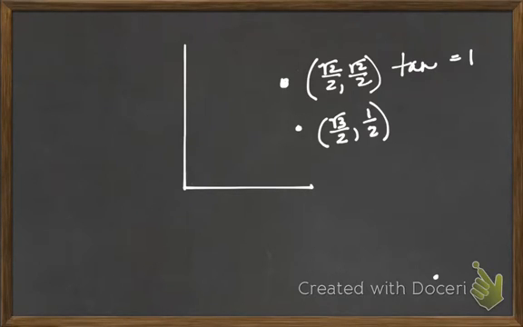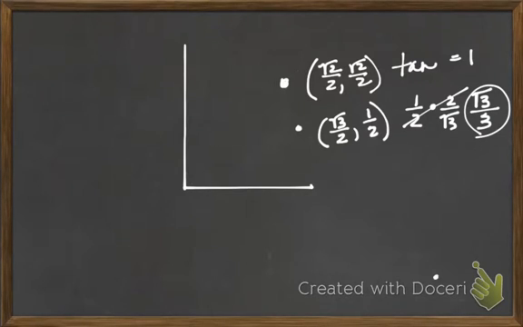So instead of having to think about this every single time, let's talk about what the tangent value is at square root of 3 over 2 and 1/2. All right, so the tangent value there would be 1/2 divided by, or multiplied by, 2 over square root of 3. The 2's will cancel. Then you're going to have to rationalize. So here, your tangent value is going to end up being square root of 3 over 3.